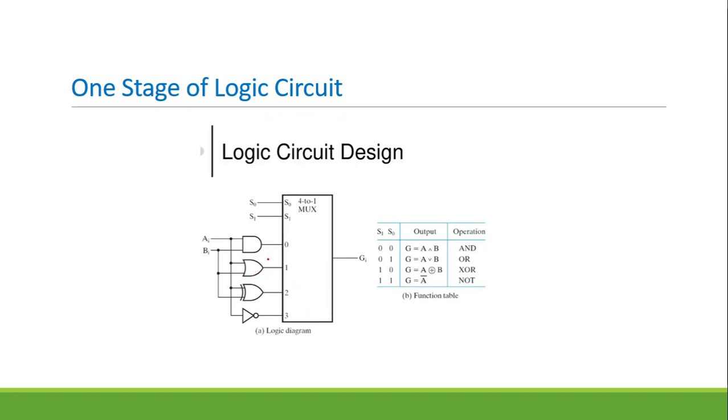That is A OR B. So the output will be the OR operation between these two registers A and B. Similarly, when the select line is 1, 0, then D2 will be selected. That means the XOR operation will be selected, so it will be A XOR B. So, by the logic operations, different functions can be implemented.